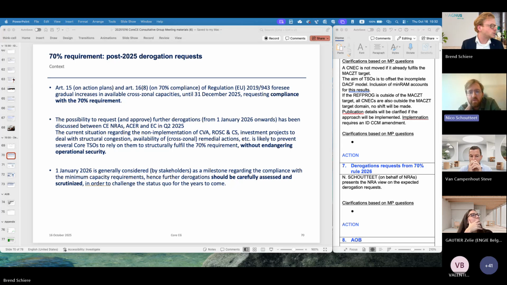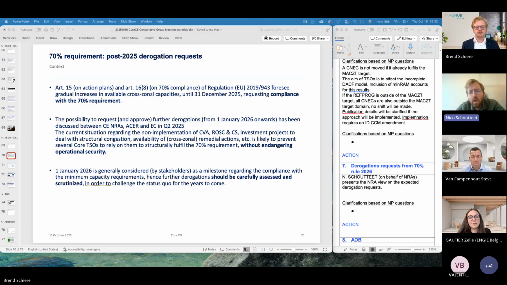So over the last years, we have been discussing and implementing and enforcing the 70% rule, the infamous threshold, which is included in the electricity regulation, Article 16, paragraph 8, in combination with the action plans, in combination with the bidding zone review studies, etc. So Articles 14, 15, 16 of the electricity regulation actually deal with the interlinks between all these aspects.